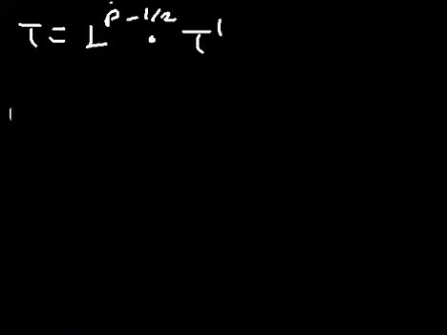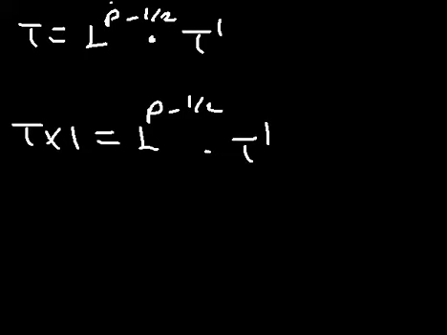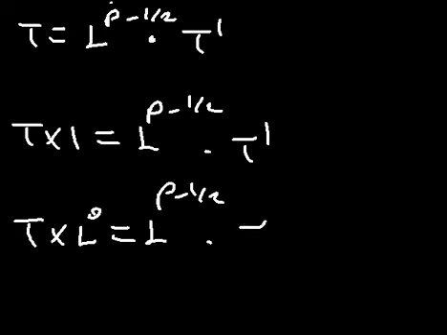You should understand this according to the laws of indices as well. Having t is the same as t times 1, which is equal to L to the power p minus half times t to the power 1. And having a 1 there is the same as having t times L to the power 0, equal to L to the power p minus half times t to the power 1.